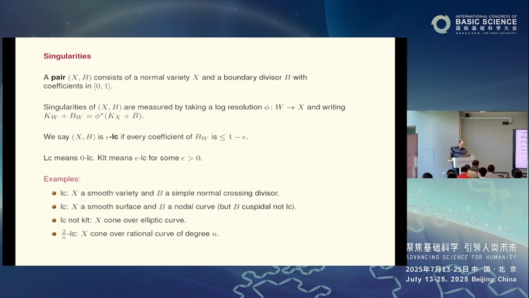And then here I list some elementary examples of singularities. For example, let me just jump to the last two. If you take a cone over an elliptic curve, then you get a 0 log canonical singularity. And if you take a cone over a rational curve of degree n, then you get a 2 over n log canonical singularity. So the larger the n, the more complicated the singularity becomes.